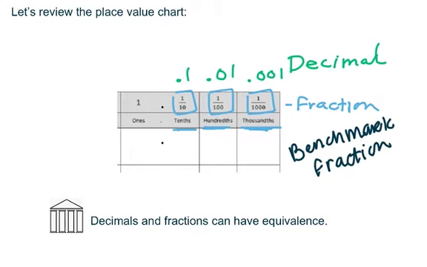And so our big idea here is that decimals and fractions can have equivalence. So we can express a value and we can write it as a fraction. We can also write it as a decimal, and the value is the same.